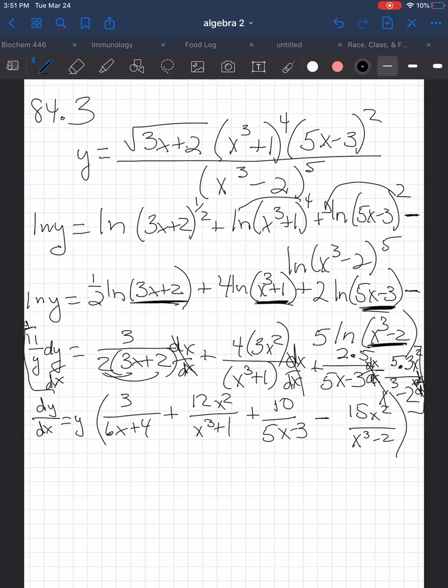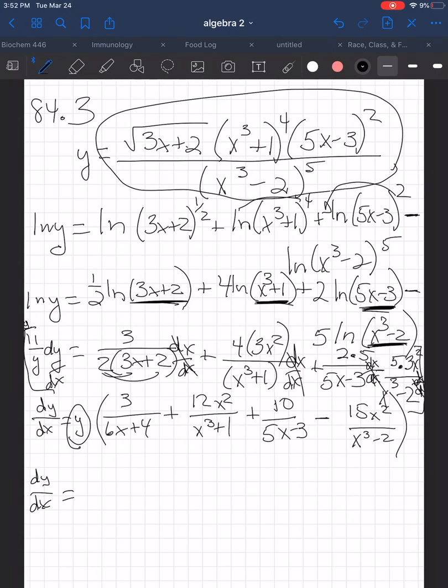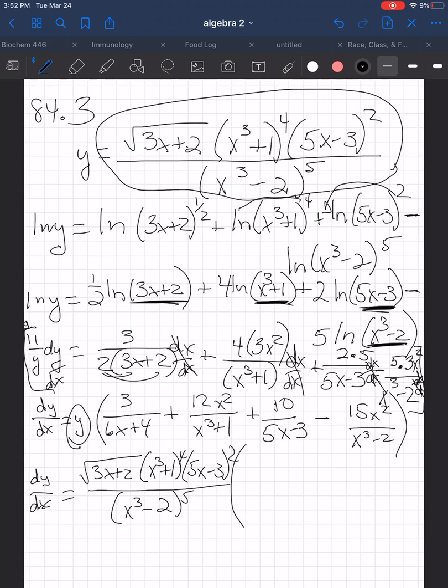Okay, so then the last thing is to take this y value and put it right here for y. So I'm going to try to write small enough that I can get that to fit. So dy dx will be equal to the square root of 3x plus 2 times x cubed plus 1 to the 4th times 5x minus 3 squared over x cubed minus 2 to the 5th, and then times this right here.